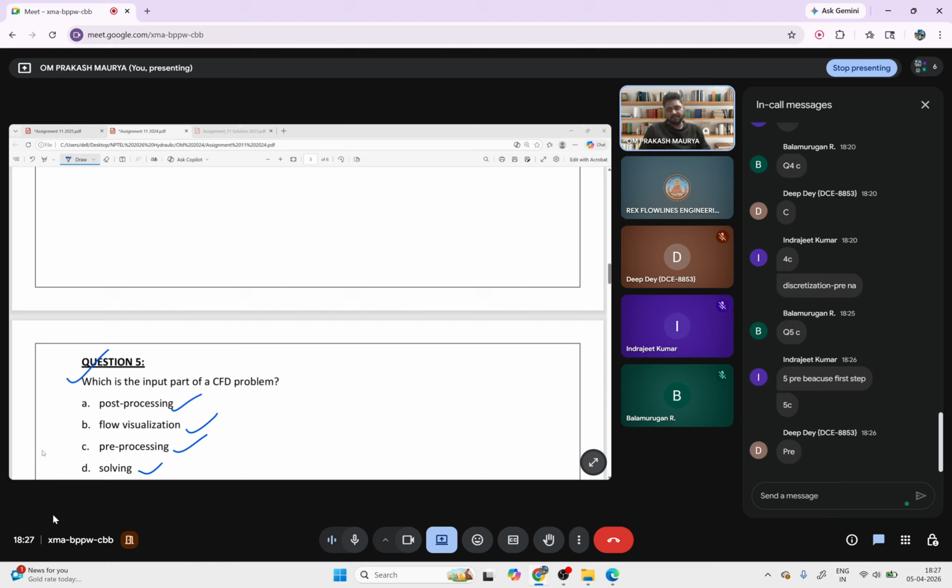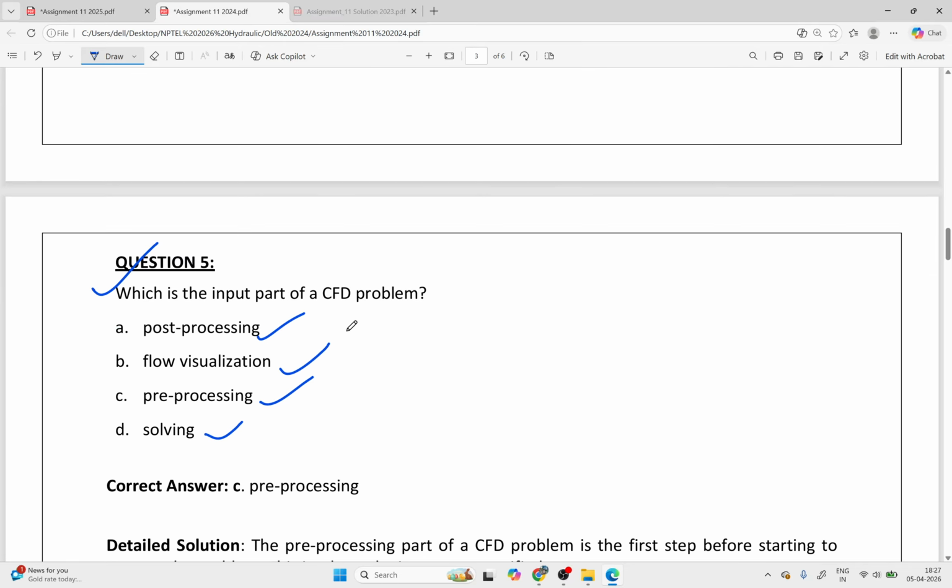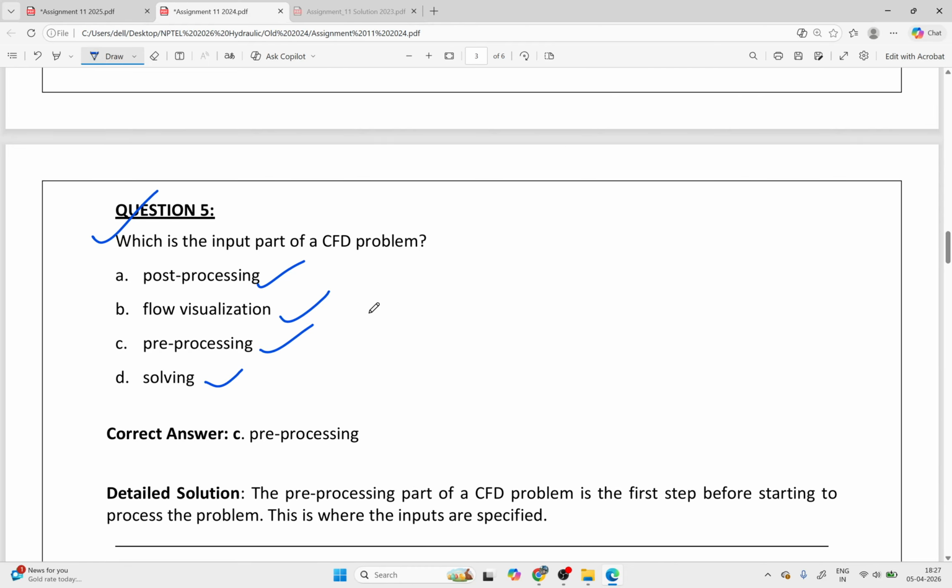These 2 weeks, week 11 and week 12, make the special hydraulic engineering course. Okay, Deep is also telling pre.